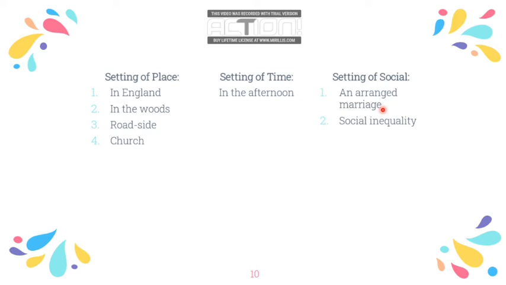And the second is social inequality. It shows us that there is a social gap between the rich and the poor, which is Robin Hood's role as a robber to help the poor.